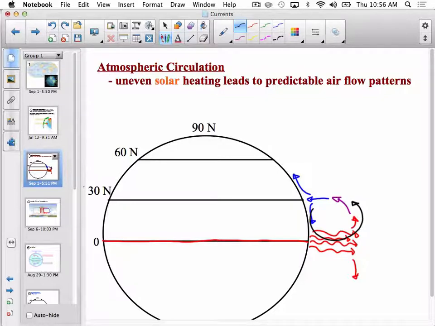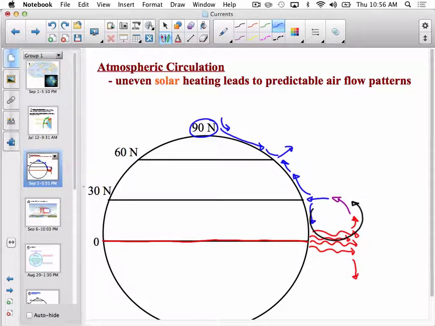Now, the air at 30 degrees is flowing both north and south, and the air flowing north meets air that is sinking from the pole. This is the coldest air on the planet, sinking down from the North Pole to southern latitudes. These masses of cooler air meet at approximately 60 degrees and are forced upwards.